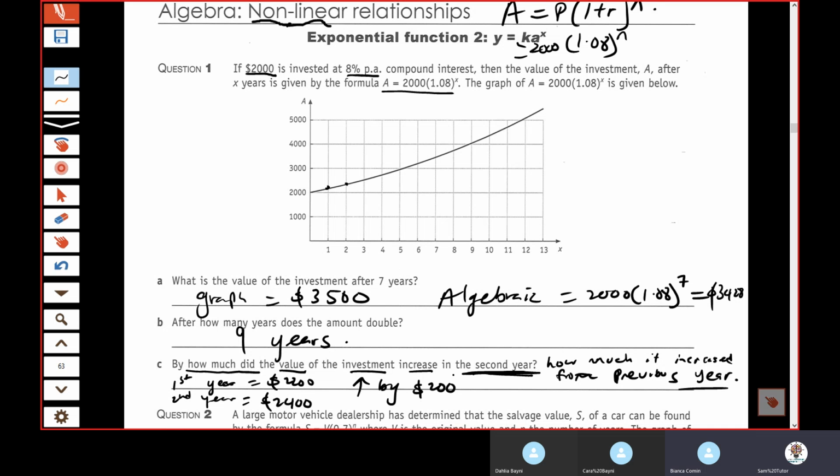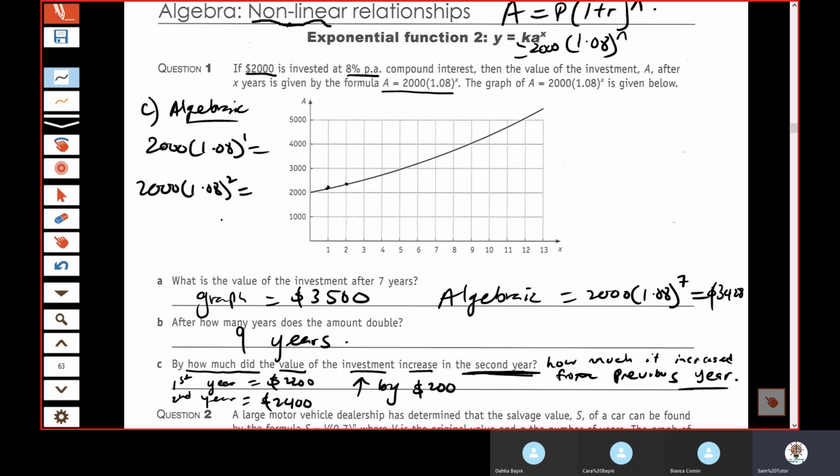Otherwise, if we have to do it algebraically, and you want to get a perfect answer, you would have gone 2,000 times 1.08 to the power of 1, 2,000 times 1.08 to the power of 2, and then subtracted.